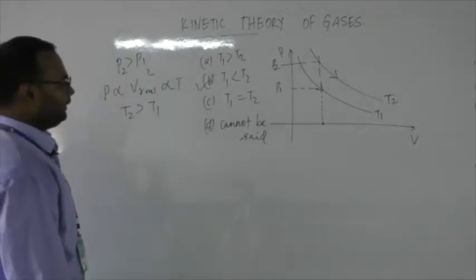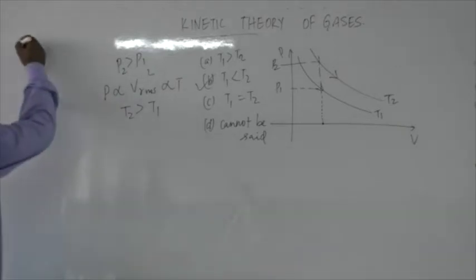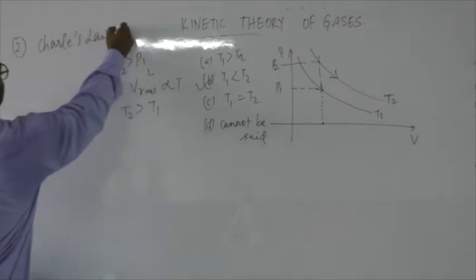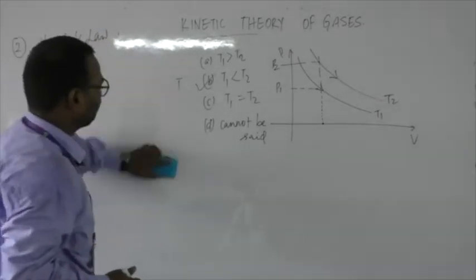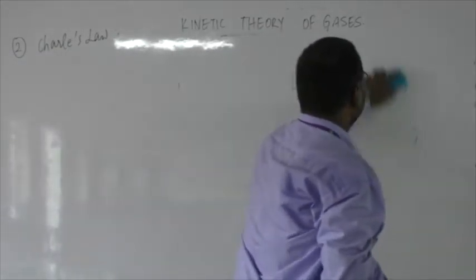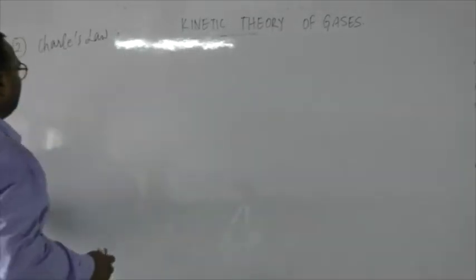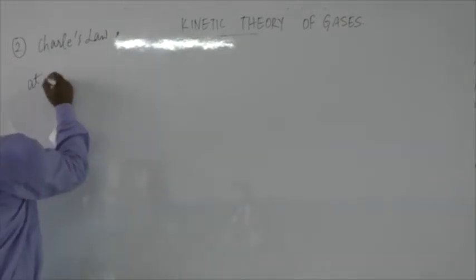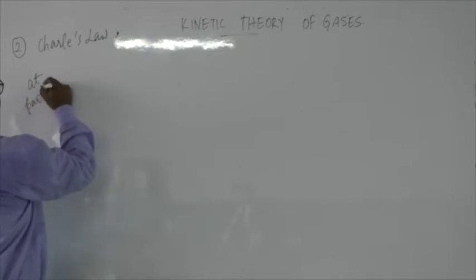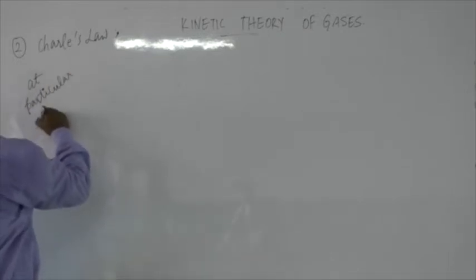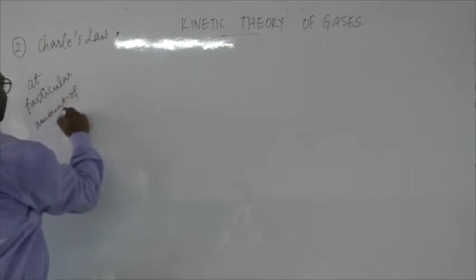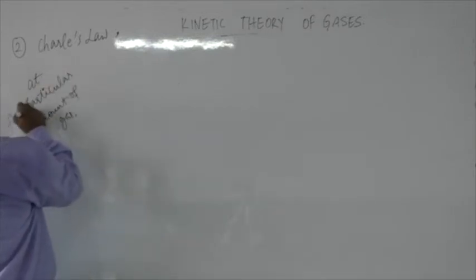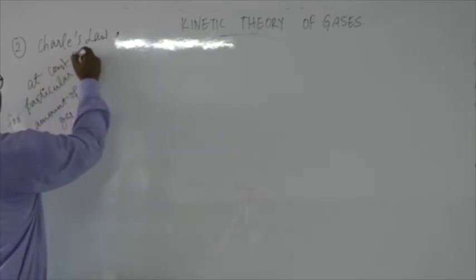Okay, now let's move on to the second law, say, Charles' law. I hope you are getting this. Now for Charles' law, again for a particular amount of gas and at constant pressure.